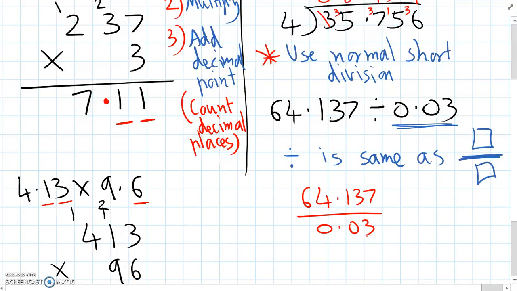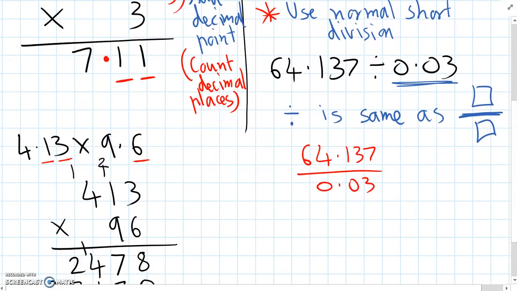And now we can use our knowledge of equivalent fractions. Because we can say, let's make the denominator equal 3, because that's a whole number. And we know with our decimal knowledge that to make the 3 move up by 2 decimal places, we're going to have to multiply by 100.